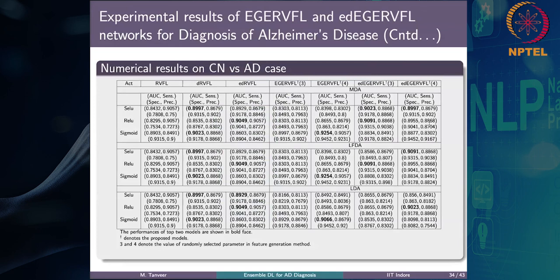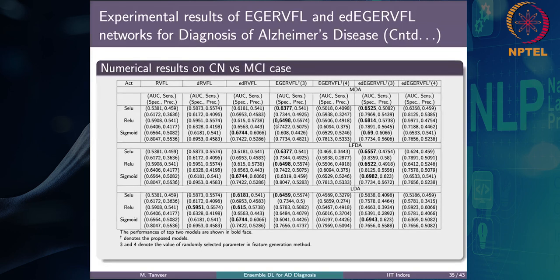And the last four columns are proposed by us, and we can see that the performance is promising, especially for CN versus AD here in most of the cases. And here also we can say CN versus MCI.